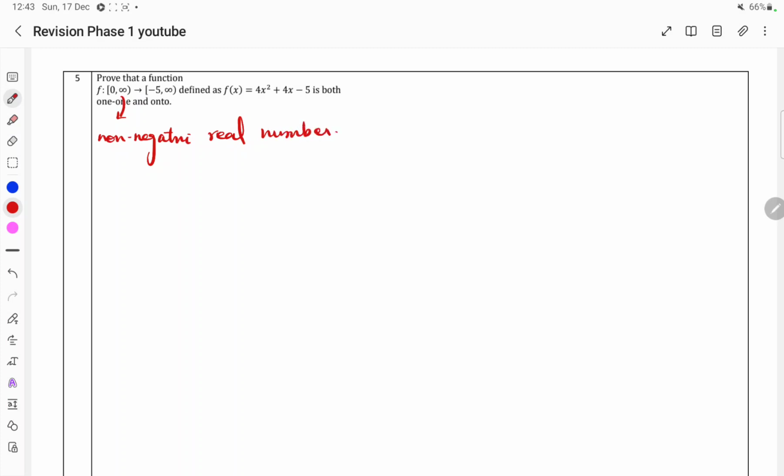Okay, and the codomain is minus 5 to infinity, and f of x is given as 4x square plus 4x minus 5 is both 1 to 1 and onto we have to prove. So the answer is given, we have to anyway prove it is 1 to 1 and onto. So 1 to 1 means if f of x1 equal to f of x2, then we have to prove x1 equal to x2.